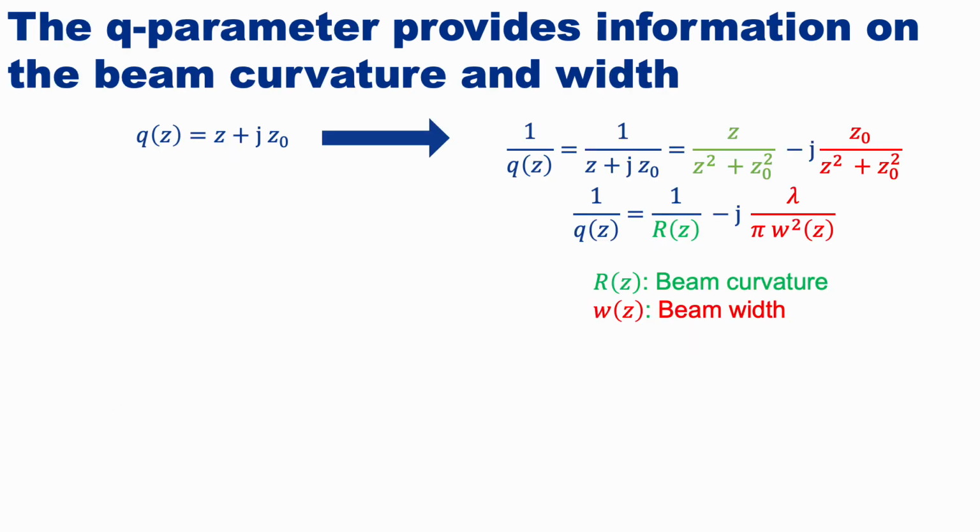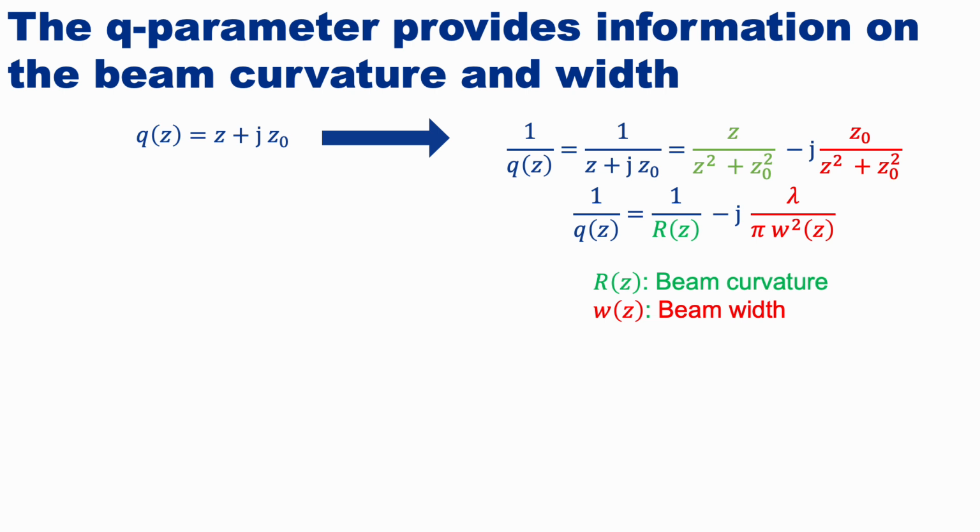So, alright, we know that the Q parameter is a complex value where the real part tells us the distance of the Gaussian beam to the beam waist, and the imaginary part tells us the Rayleigh range. So we can take the inverse of the Q parameter, and we know that the real part of the inverse is going to be related to the beam curvature.